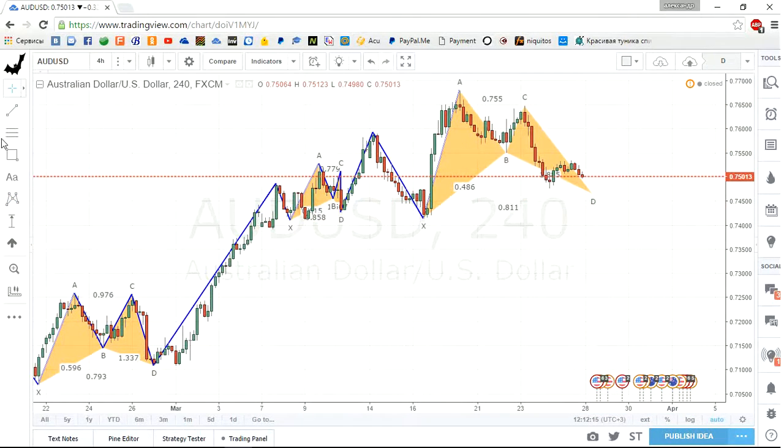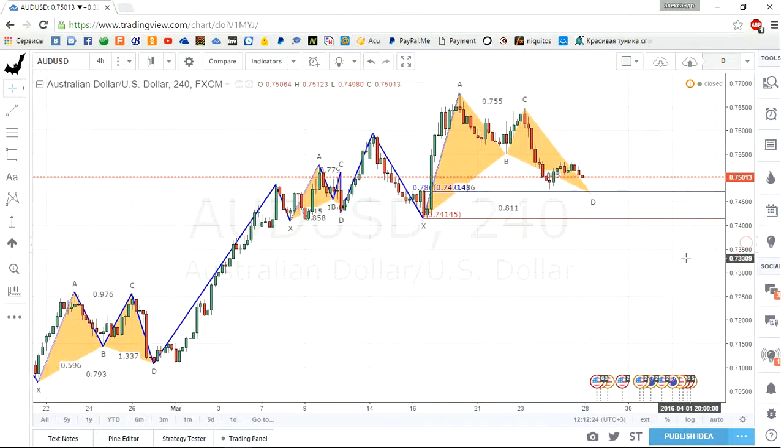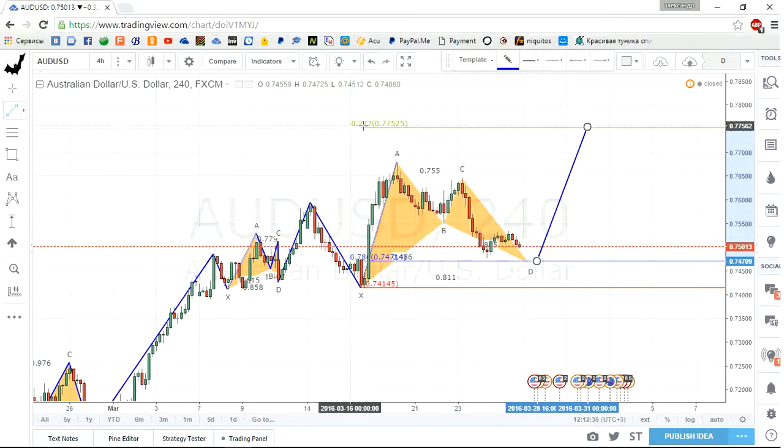What is the plan? The plan is to wait until the price goes to 786 and enter long here, in anticipation that price will go all the way up to 127 extension, and the stop loss should be very small.